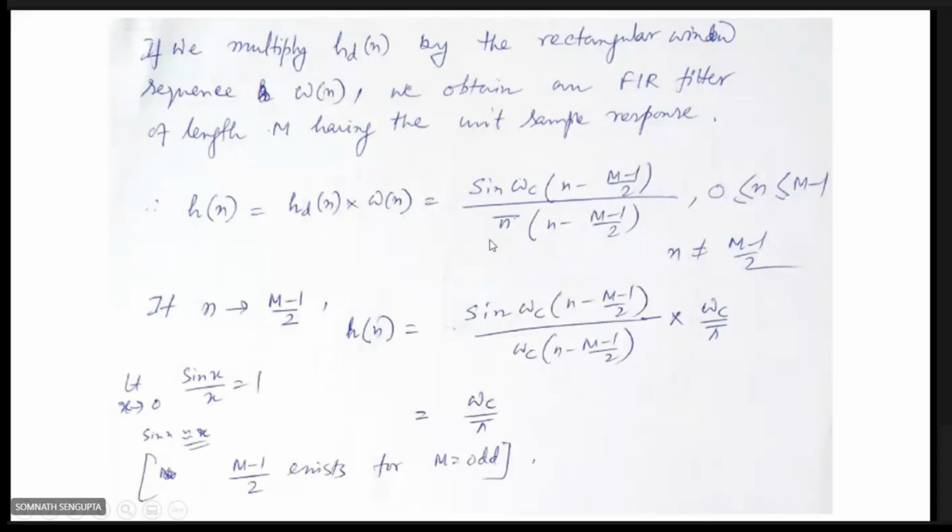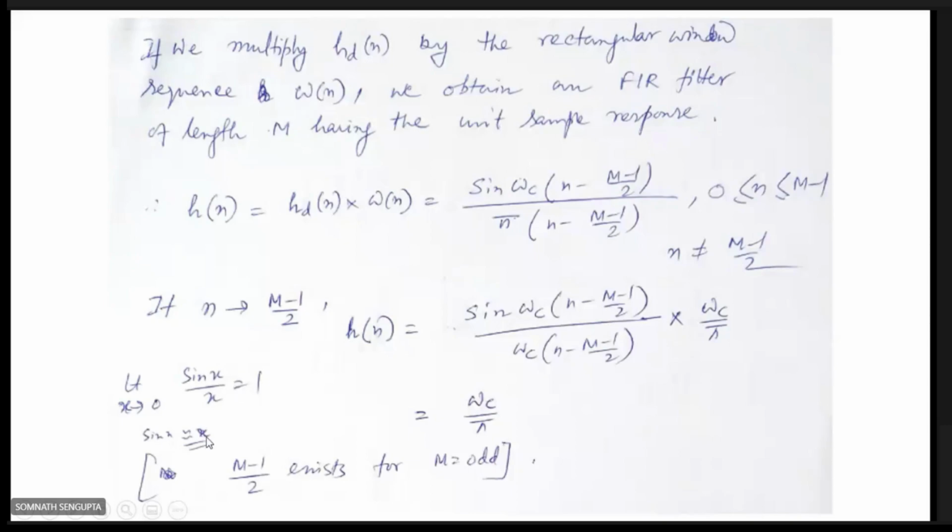In that case, the function h(n) should be slightly modified using this formula, assuming that sin x is approximately equal to x when n tends to (M minus 1) by 2. That is, n and (M minus 1) by 2 are almost the same, so at that time sin x is approximately equal to x.